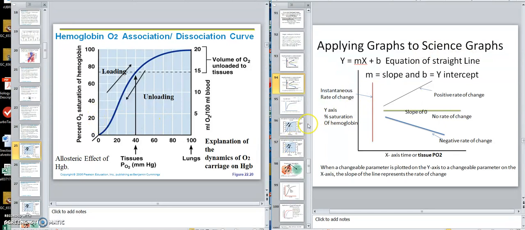In this case, it's percent saturation of hemoglobin. Then the slope of the line represents the rate of change.